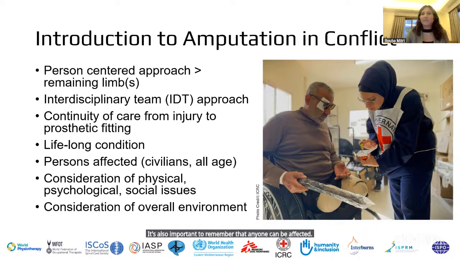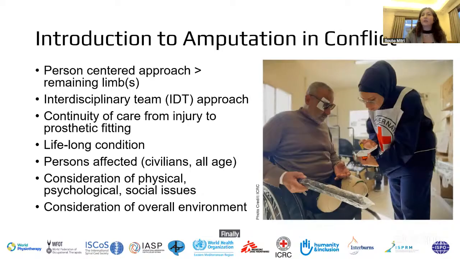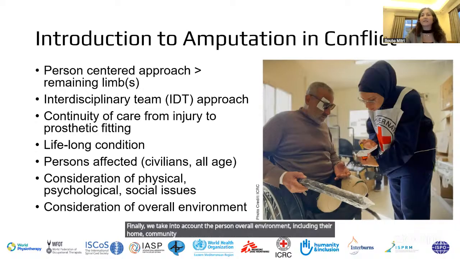Civilians of all ages, from children to adults to elderly, so care must be adaptable to different life stages. Finally, we take into account the person's overall environment, including their home, community, access to services. These factors can greatly influence, in a positive way, the rehabilitation outcome and the quality of life.